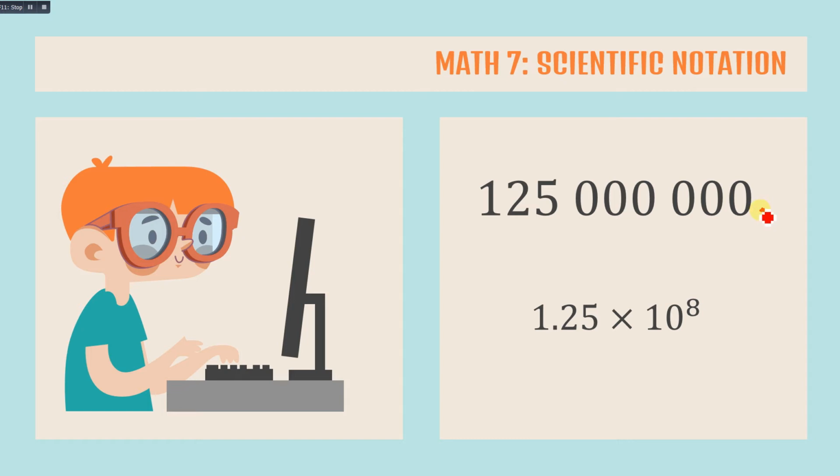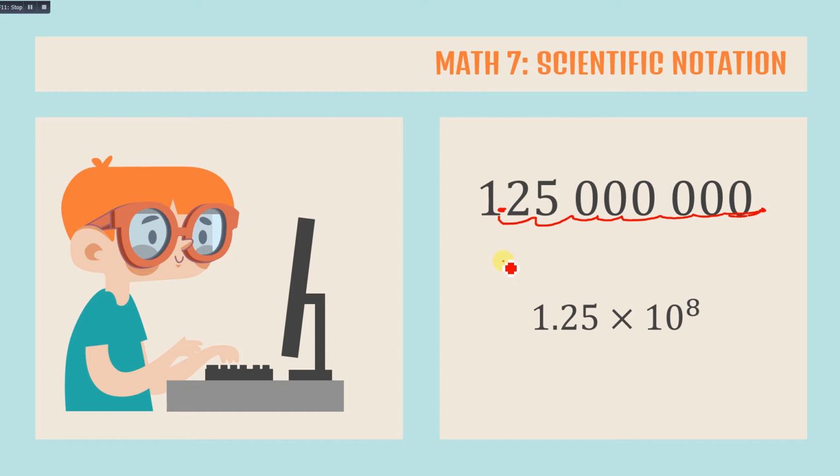So this would be 1, 2, 3, 4, 5, 6, 7, 8. We move the decimal point up to this point. That's why it becomes 1.25 times 10 to the power of 8.